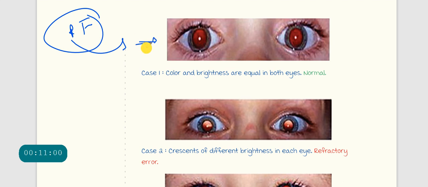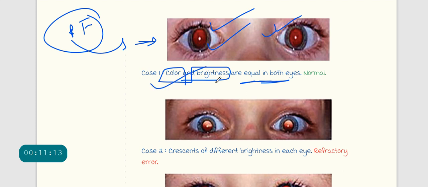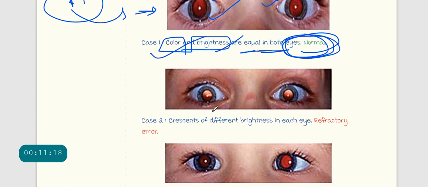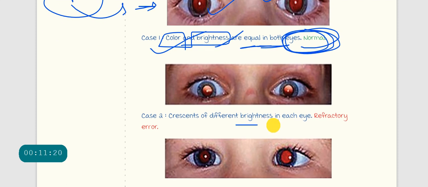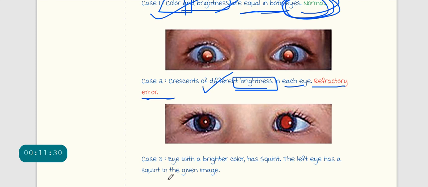If it is dark or bright reddish in color in both eyes, with a bright reddish color, then this is a normal condition. If there is brightness but it is different in each eye, then this is a refractive error. And the last, if the eyes are bright in color and there is squint, then it will appear like this.